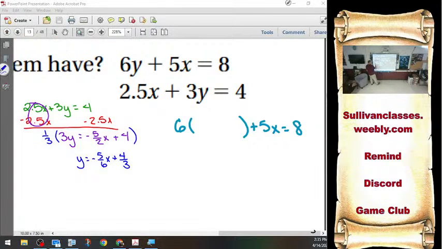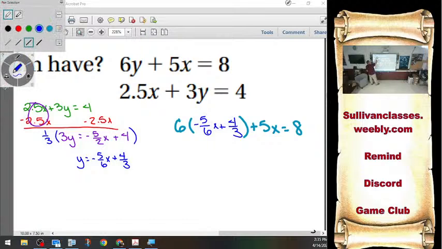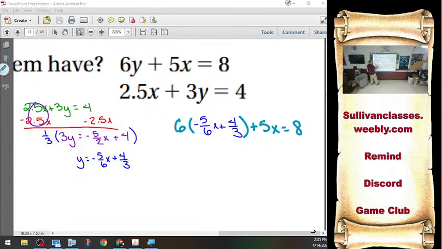Now that's 6 times this junk. Now some of us might be afraid of fractions like that, but it turns out that when I distribute, they clean themselves up. 6 is canceled. 3 and 6 becomes 2 and 1. 2 by 4 is 8.